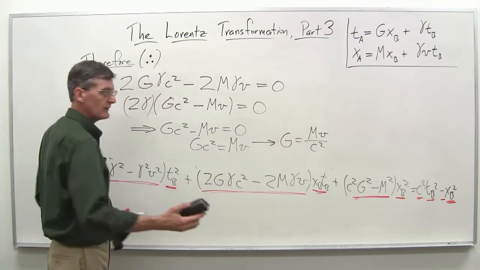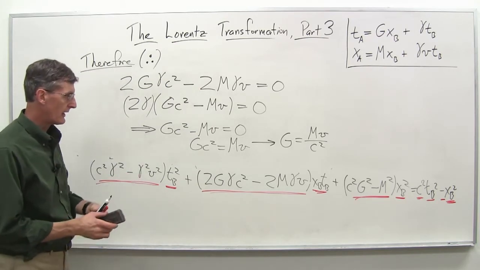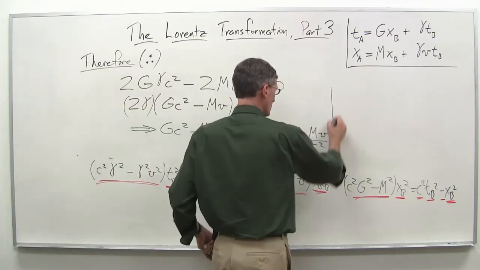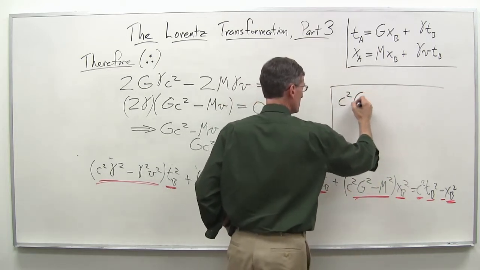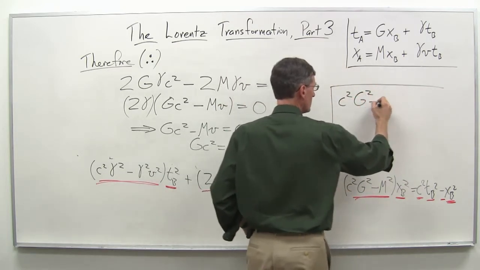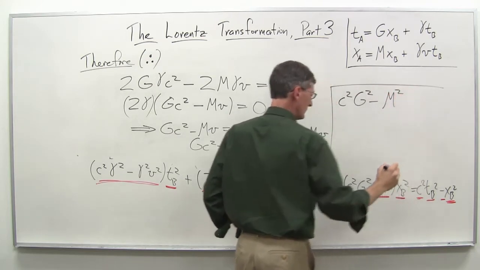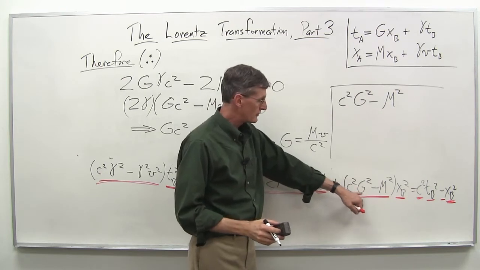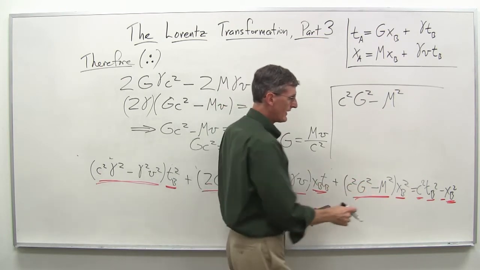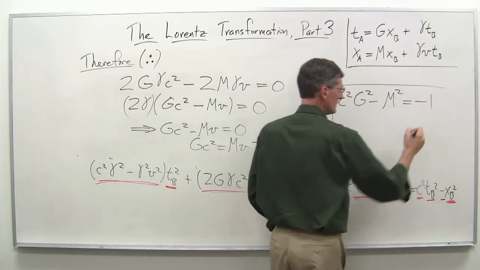So let's finally look at the last equation here. And we have c squared g squared minus m squared. That's my coefficient for the xb squared term. That has to equal -1.